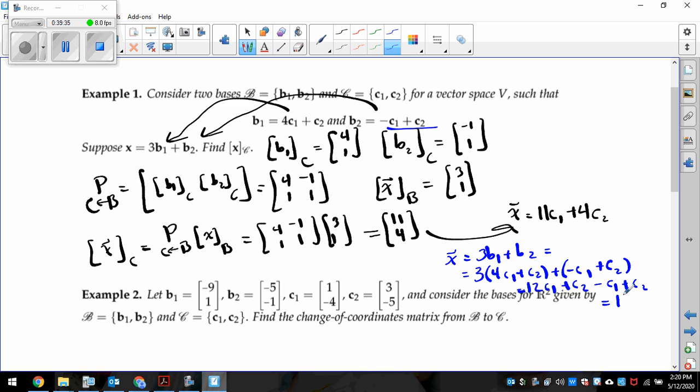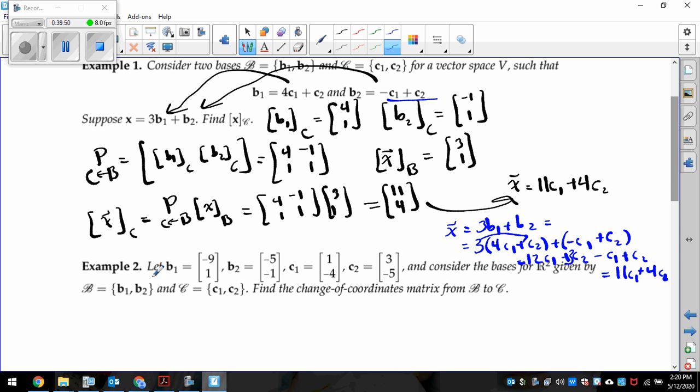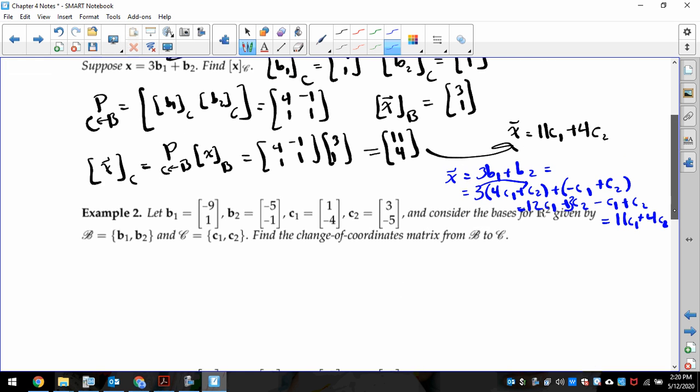So we get a total of 11c1 and, distributing the 3, 4c2. So you could find it that way, or by finding the change of basis matrix. The change of basis matrix is really what we want to talk about here. That's the principle of what we're learning.